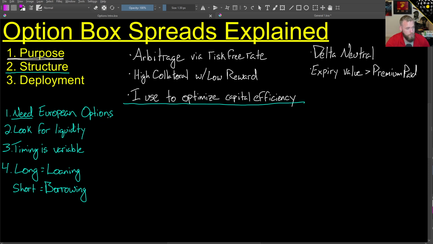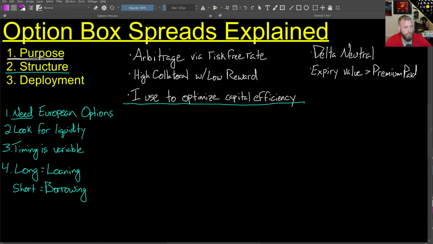And that also answers the second point here, which is liquidity. You have to have liquidity in this trade. One of the things that eats this trade alive more than anything is fees. If you have high commission costs, large bid-ask spreads, this is a very difficult strategy to use with any amount of efficacy. So as you can tell here, we're talking about the concept of arbitrage.